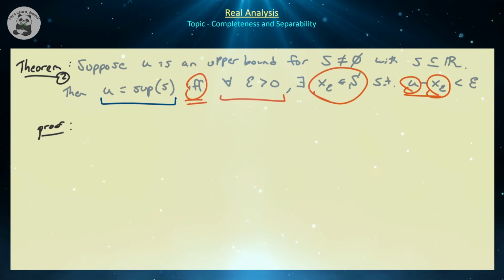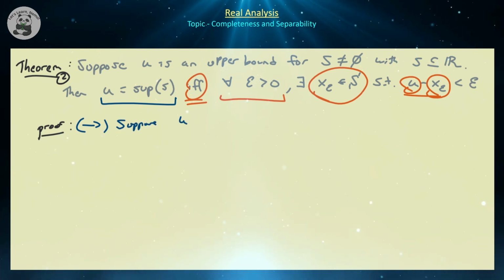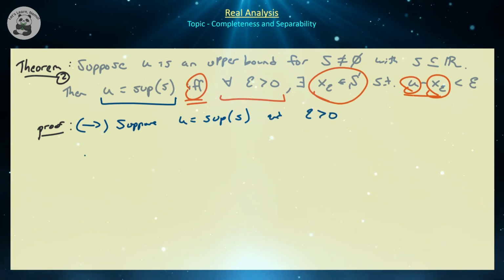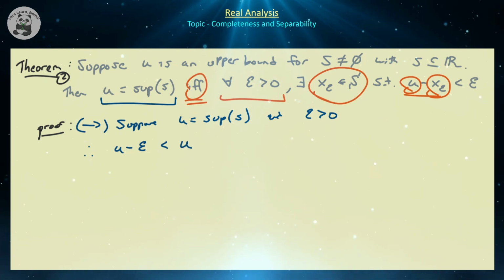And of course, since this is an if and only if theorem, we have to go both ways to prove this, right? So let's go this way. Let's suppose that U is the supremum of S. And let's assume that epsilon is an arbitrarily small but positive number. If that is the case, that means U minus epsilon, by the properties of the real numbers, is less than U, right?